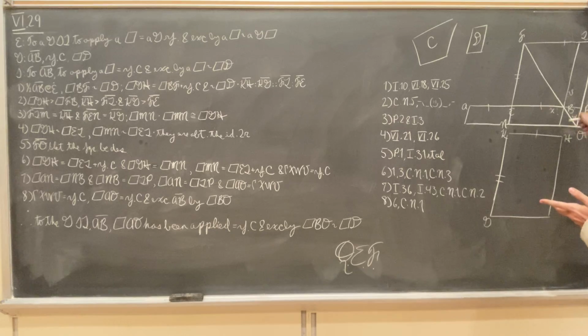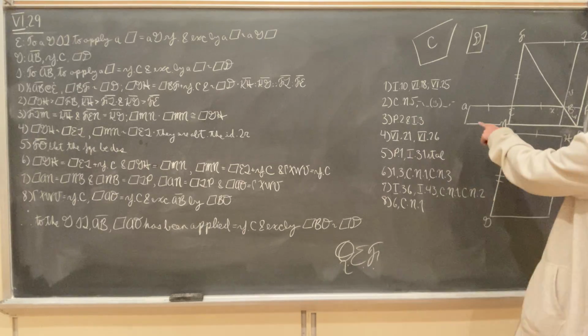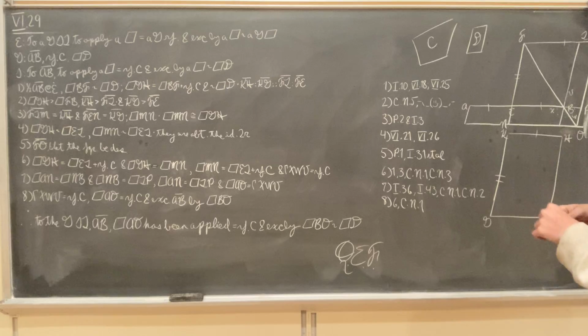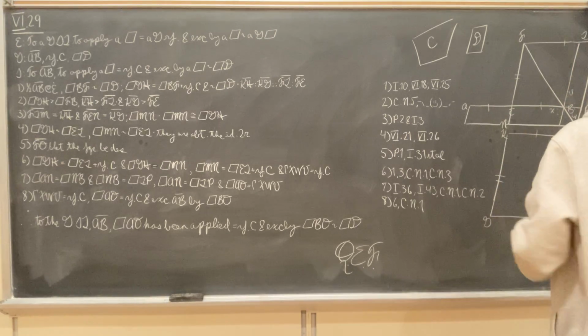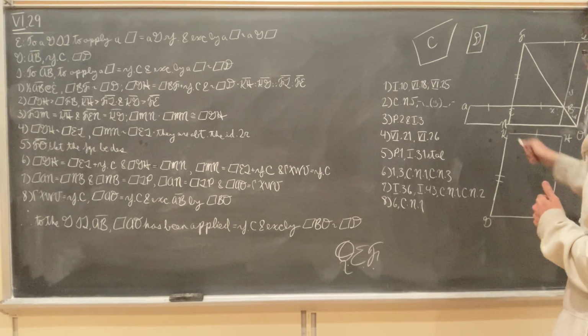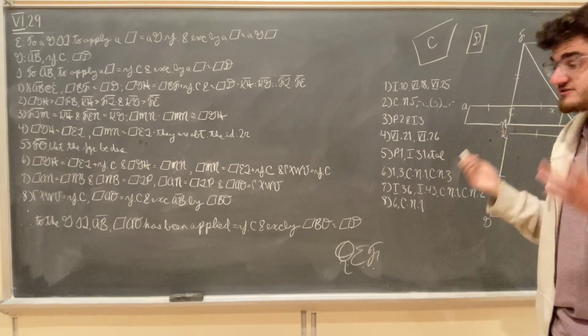But the gnomon XWV was shown to be equal to the rectilineal figure C, which means by common notion 1, the parallelogram AO is likewise equal to the rectilineal figure C, and it exceeds the given straight line AB by a parallelogrammic figure, namely BO, which is similar to the parallelogram D, which means we're done with the proposition.